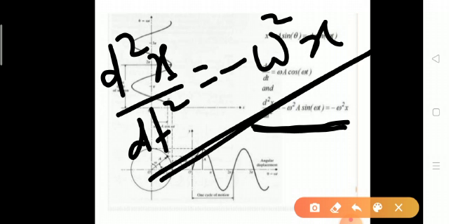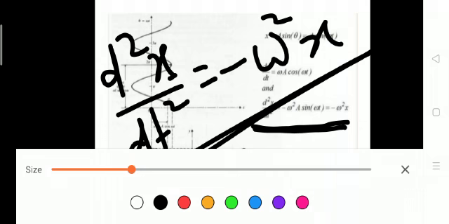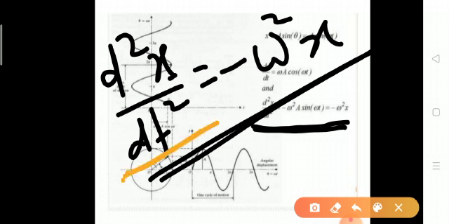Now, what are you getting from this equation? We can have one or two points regarding it. First, the acceleration is directly proportional to the displacement. This is your acceleration and this is your displacement.